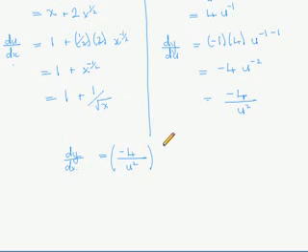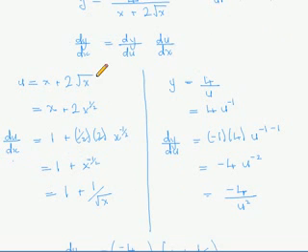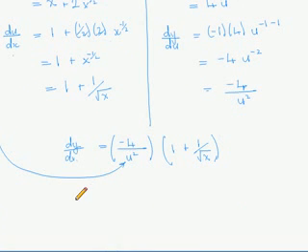Then we have du/dx, which is that function there, 1 plus 1 on root x. So now we have the derivative dy/dx represented with a u term in there. We know what u means from up here, so we just take that and substitute this back in.